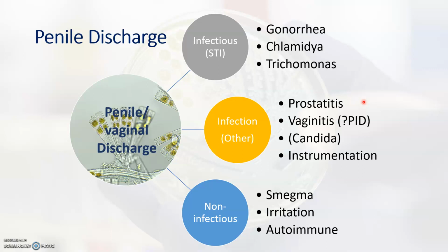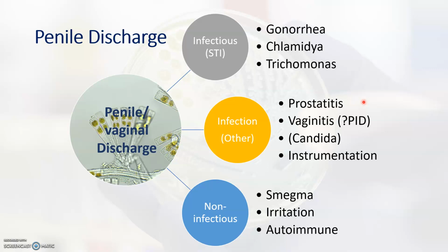Whereas the other infections, which are not necessarily sexually transmitted, would include prostatitis, vaginitis, and some cases of PID, although most cases of PID are associated with sexually transmitted infections, candida, and then infections associated with instrumentation, for example, in older men with indwelling catheters.